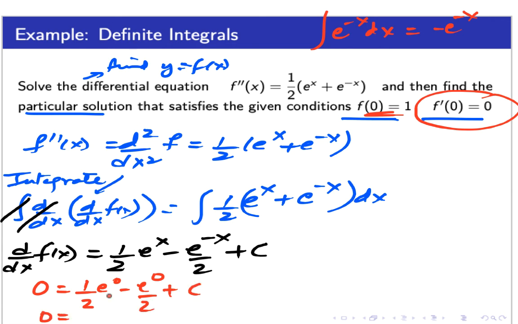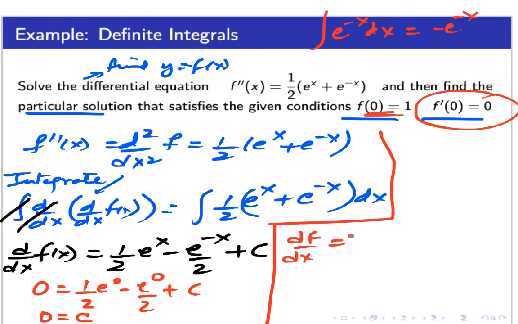So 0 equals half of 1 minus 1, which is basically 0. So c is 0. So what do we see? That df over dx equals half e to the power x minus half e to the power minus x.